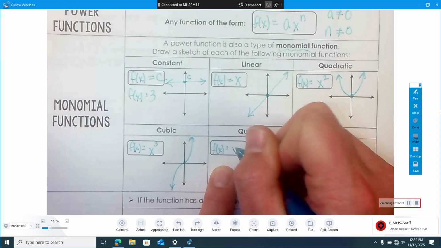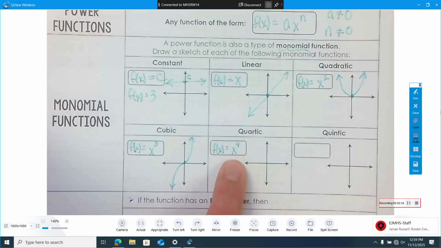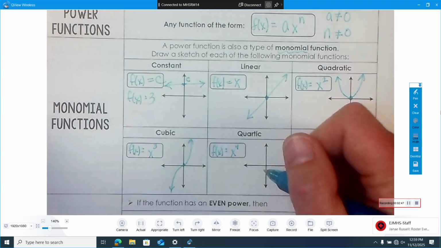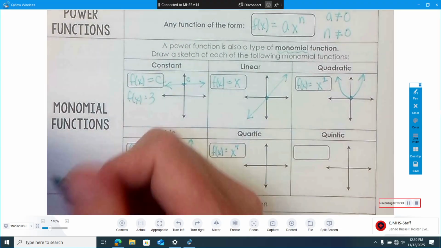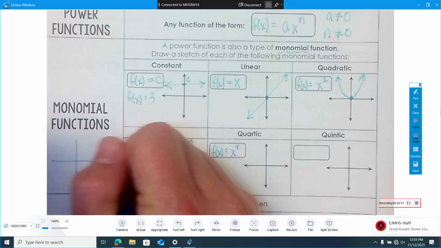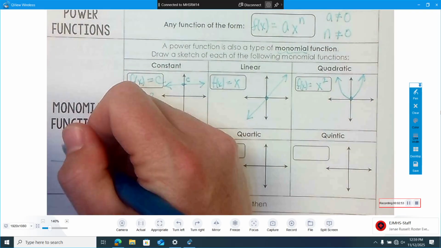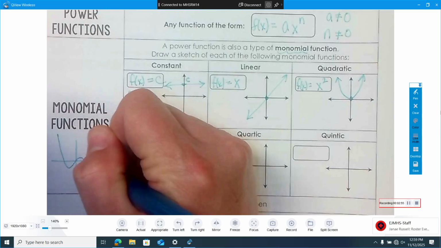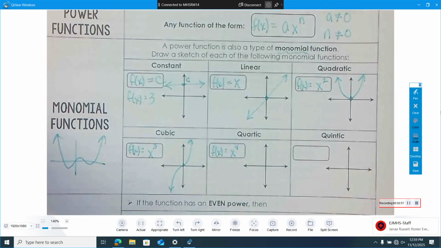Quartic is x to the 4th power. What does x to the 4th power look like? If it had extra terms, it can look something like this, okay?